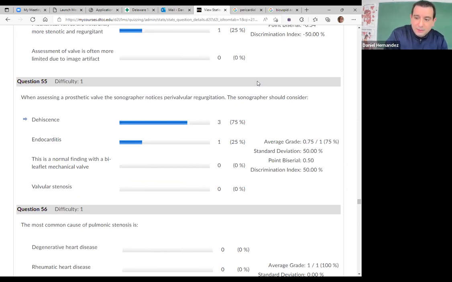We said that these prosthetic valves typically have some degree of regurgitation and stenosis. But when we see perivalvular regurgitation around the periphery of that valve, around that valve annulus, then you need to be concerned about dehiscence or separation, because that is considered a critical emergency.